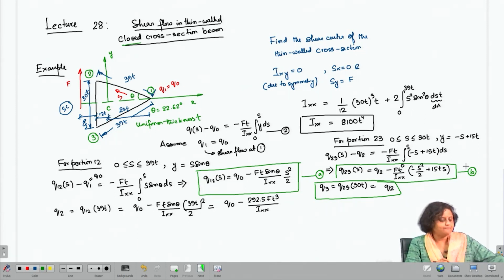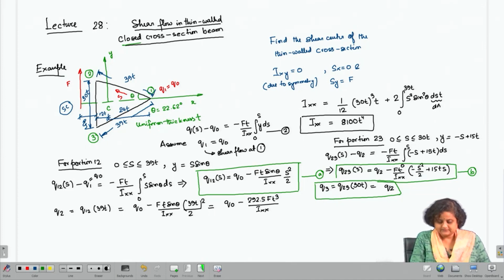So, once we have figured out that Q3 is equal to Q2, let us try to find it out for the portion 3 1. So, let me go to the next page.